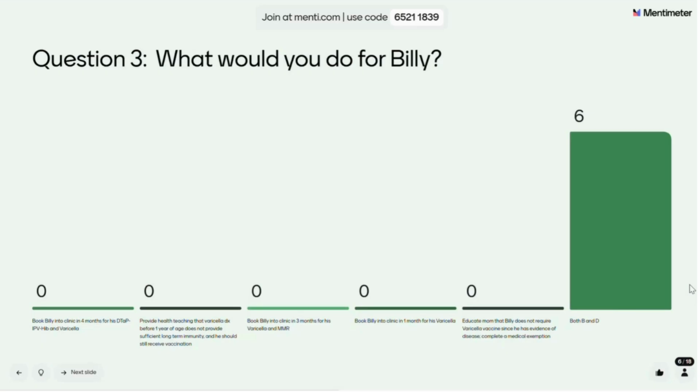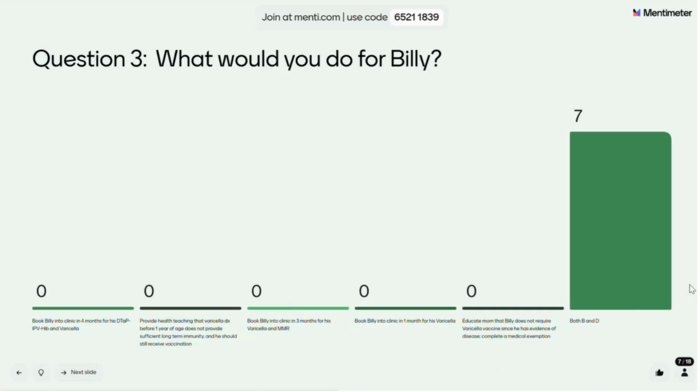MMR to varicella is a 1-month interval as per table 16 of the publicly funded schedule. So assuming that you're giving him his routine 1-year MMR today, he can still get his routine varicella at 15 months of age, as long as you make sure that it's actually a month and not, say, he's 14 months and 20 days today, and you're calling him back in 10 days. But as long as you make sure that there's a month, you are good to go.